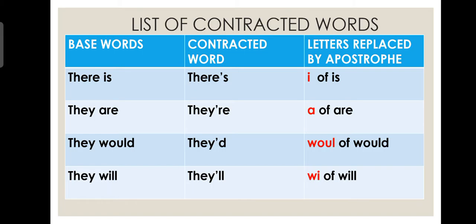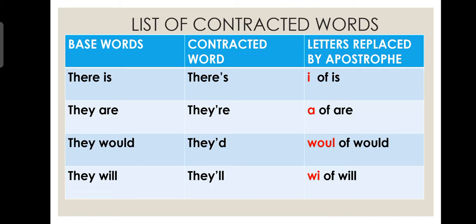Next is some more contracted words. There is. Here there remains as it is. We have removed I from the word is and this I is replaced by the apostrophe, and we pronounce it as there's. Next is they are. Here they remains as it is.